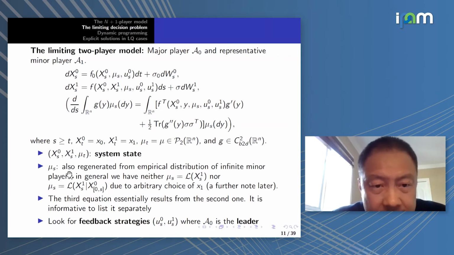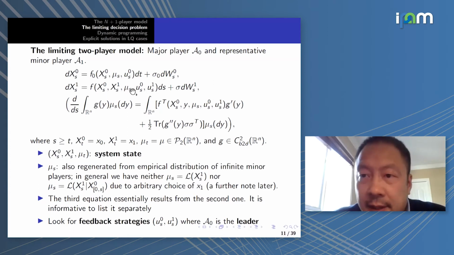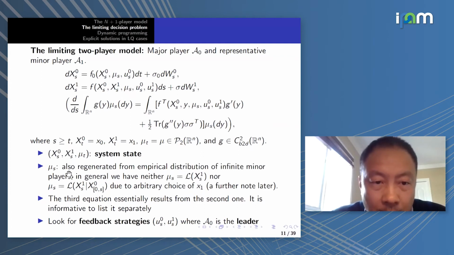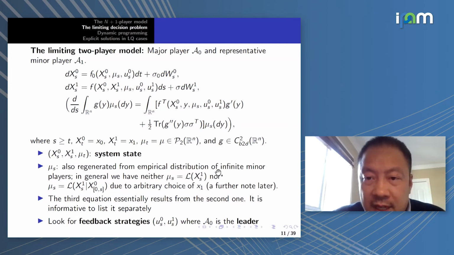Here mu s is used to drive the evolution of the two random processes. Actually we have a specific requirement in order for this mu s to make sense. That is, this mu s is also regenerated from the empirical distribution of infinitely many minor players.